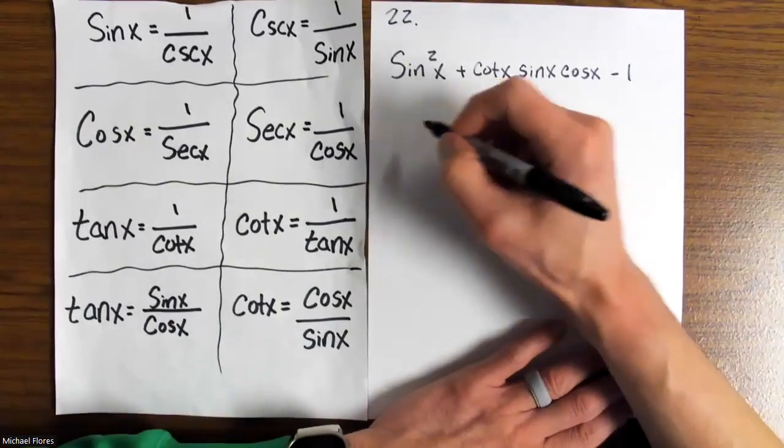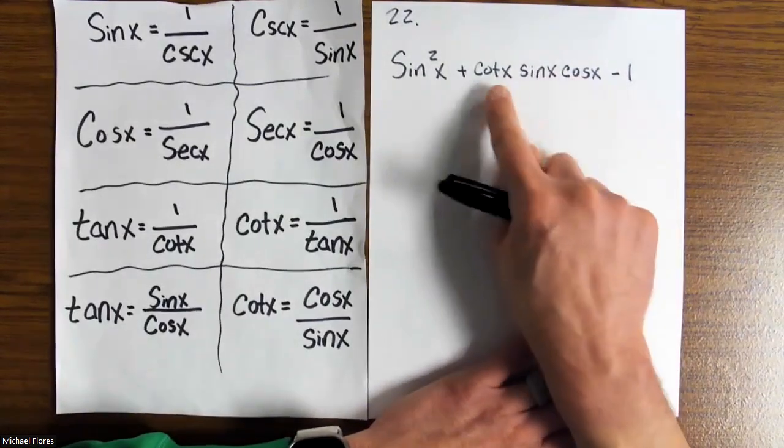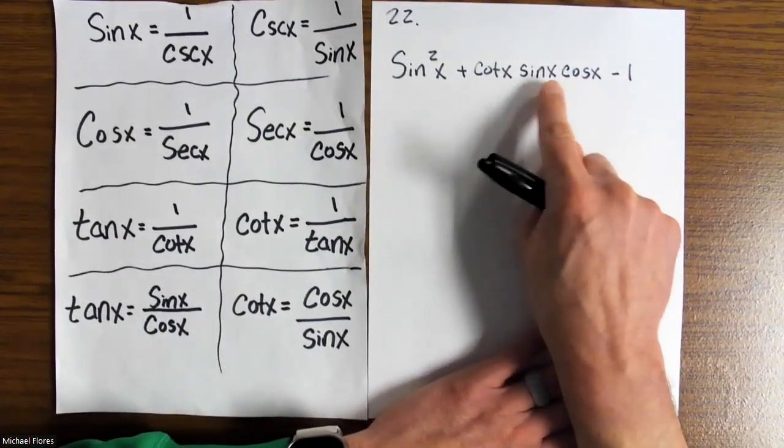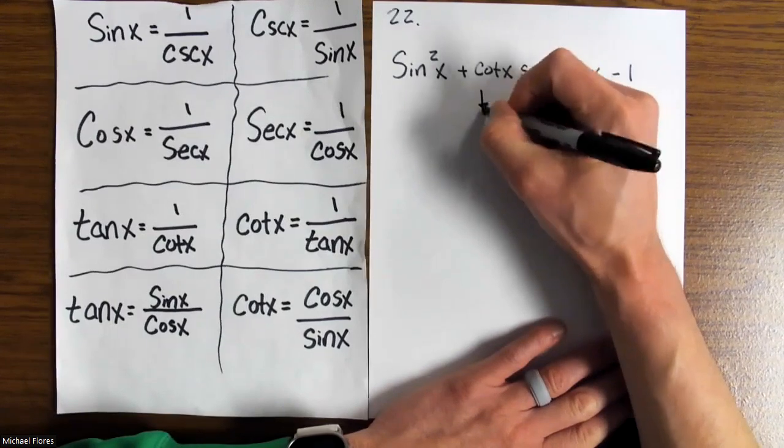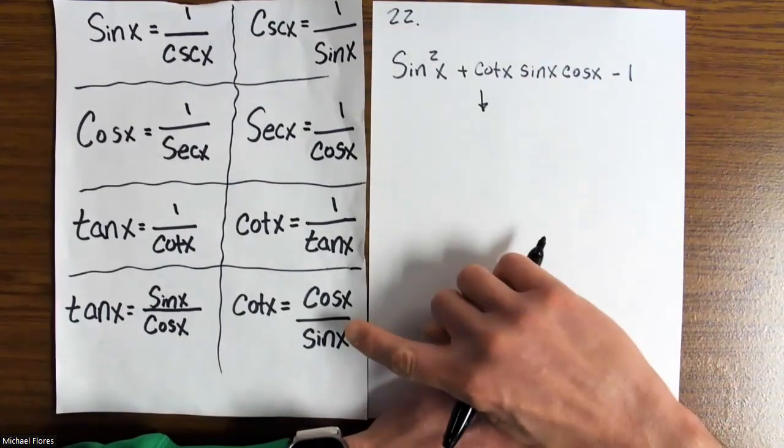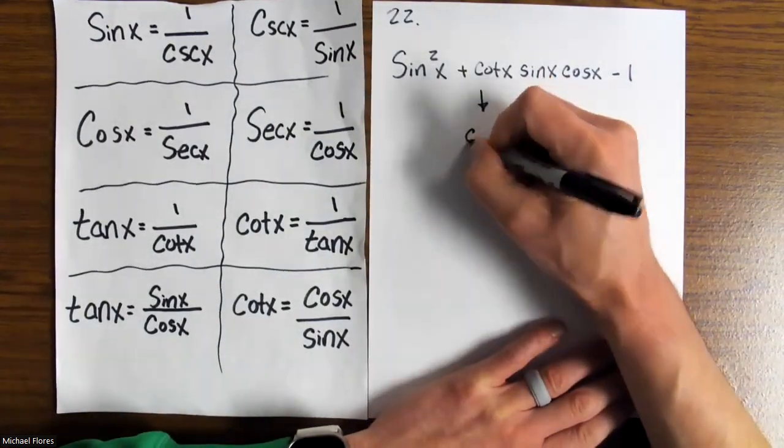Example 22. I'm going to worry about this portion first. We're multiplying cotangent times sine times cosine. Cotangent, you want to substitute the quotient identity.